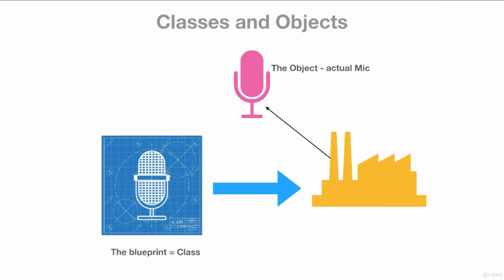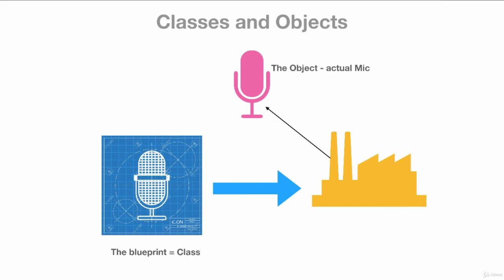The distinction here is that this blueprint can be used as many times as we wish to create as many objects as possible. To add to this analogy, you can look at how an architect puts together a blueprint of a house, and then with only one blueprint, he or she can actually make 100 copies of those and send them out to all the constructors around town or in the country, and they will build that house.